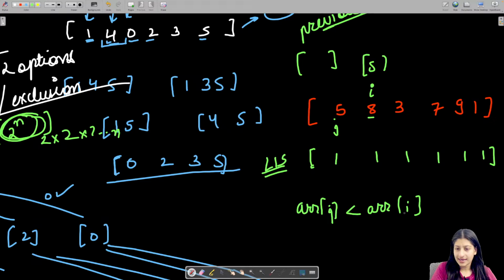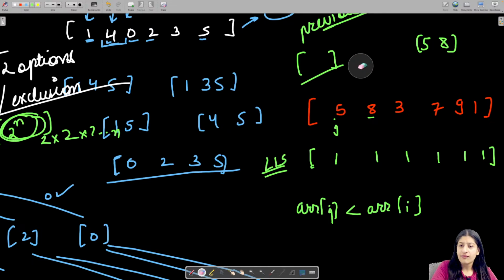If this is the case, then I can definitely include it into my answer. That is the length of generating this longest increasing subsequence. If I add 5, 8 after 5, this is a subsequence I am going to get. And what will be the length? So its length will be the length that I have in my LIS, right?